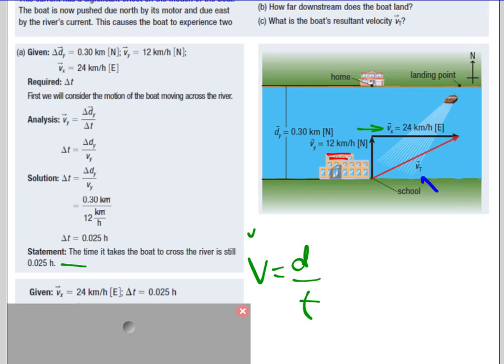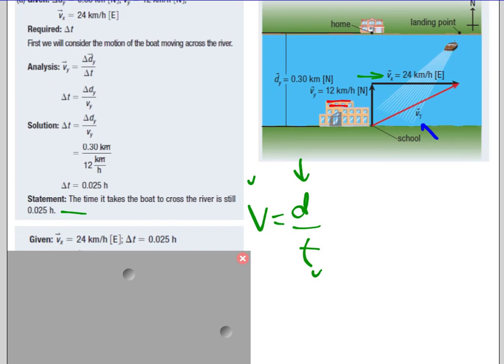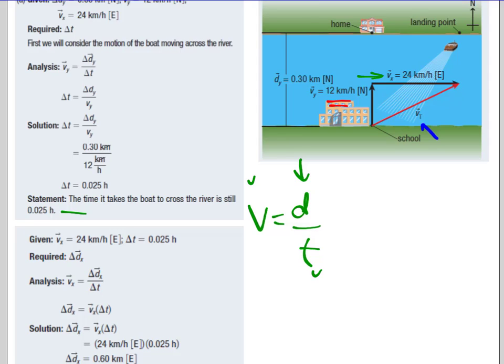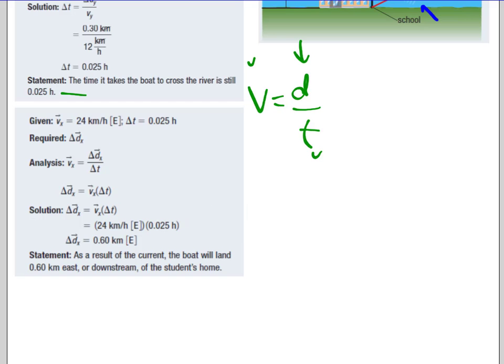We know v, we now know t because that's the time to cross the river, so we can calculate dx, or the distance or displacement we are downriver. So we take our formula, and you can see we've rearranged it. We've multiplied 24 times 0.025, and we get 0.6 kilometers, or 600 meters downstream.